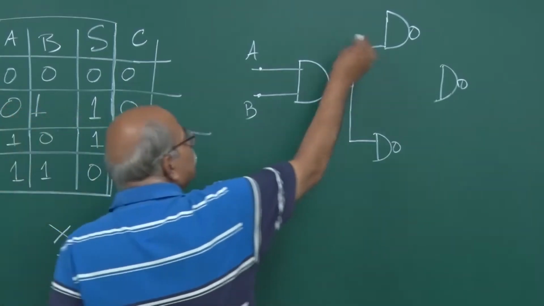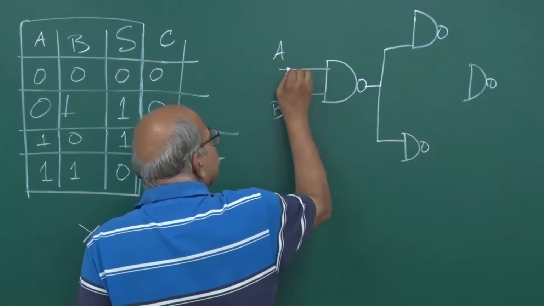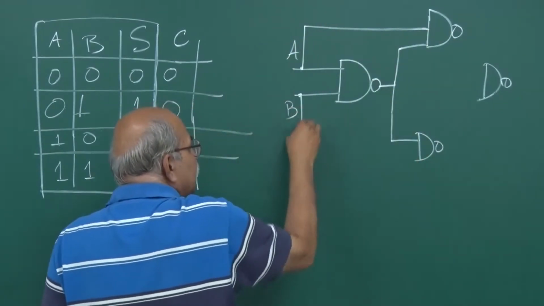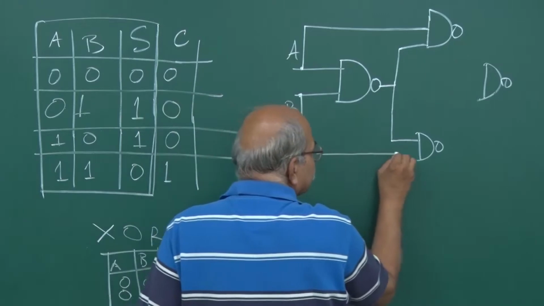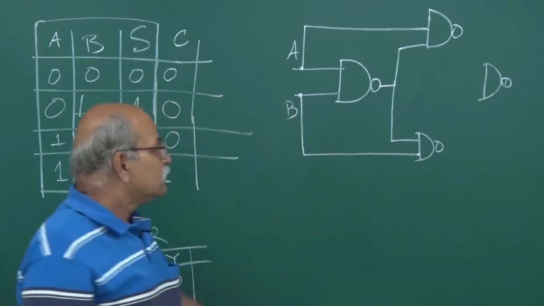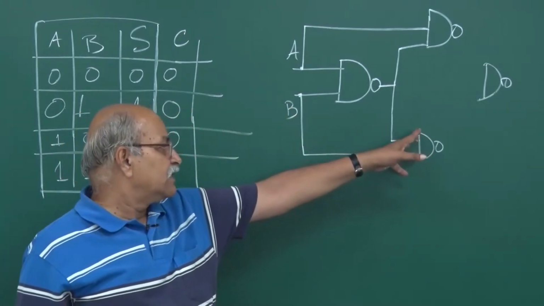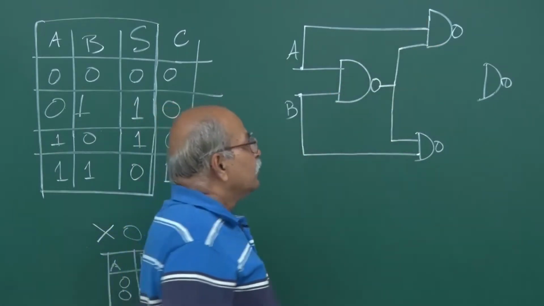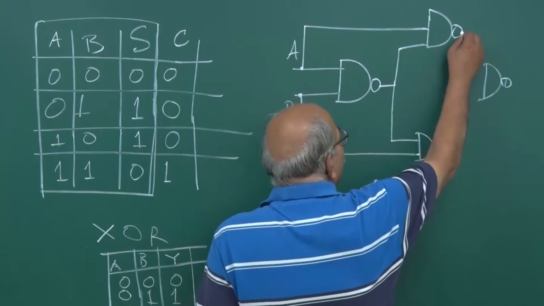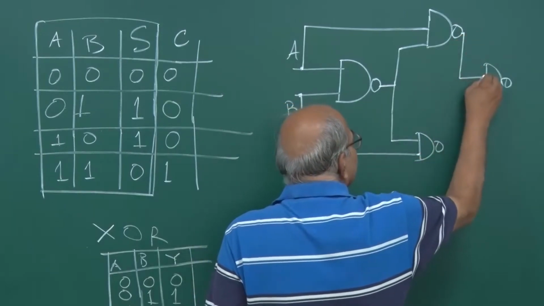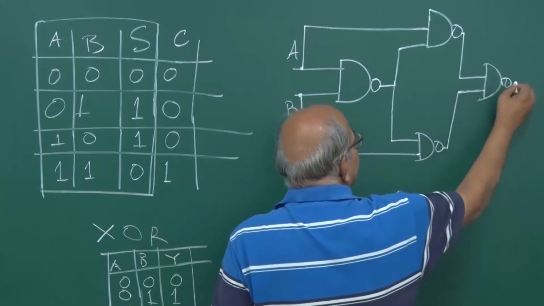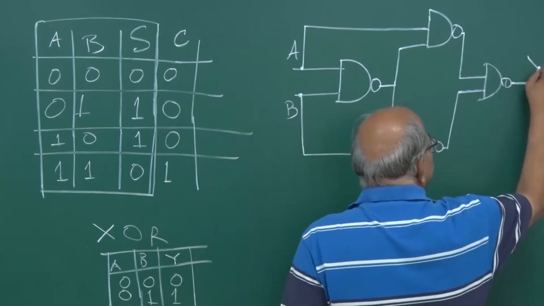And then the second input comes from this A point itself. So this goes here and then from B this goes here. So these are the 2 inputs for this NAND gate, these are the 2 inputs for this NAND gate, and then these 2 outputs, they go here, and this is your final output Y.